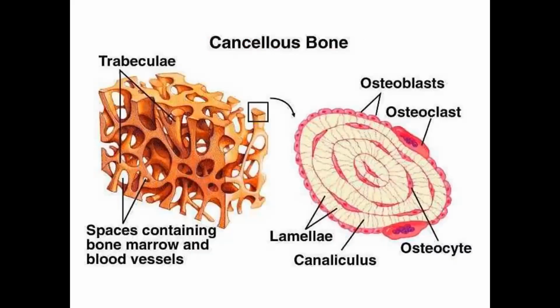Cancellous bone, again, you can see in this picture where there are trabeculae of bone, and they look like this if you take a high power view. And in between these spaces, you have bone marrow. These are the canaliculi, osteocytes.